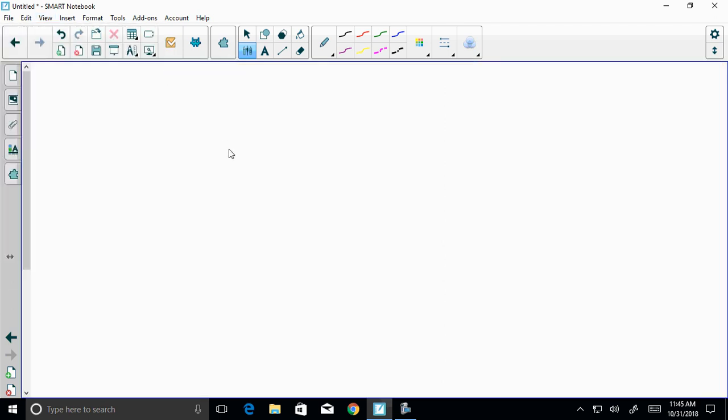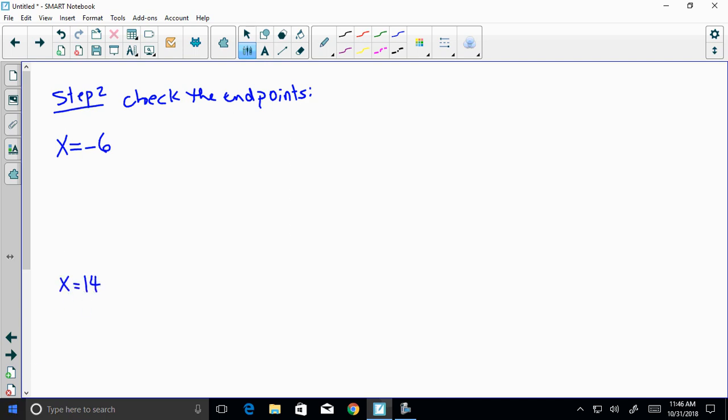Now for the interval of convergence, we're going to check the endpoints. So my endpoints, one is x equals negative 6, the other one is x equals 14. Okay?